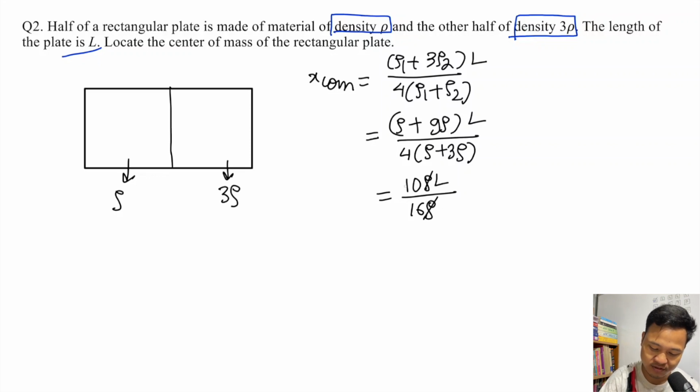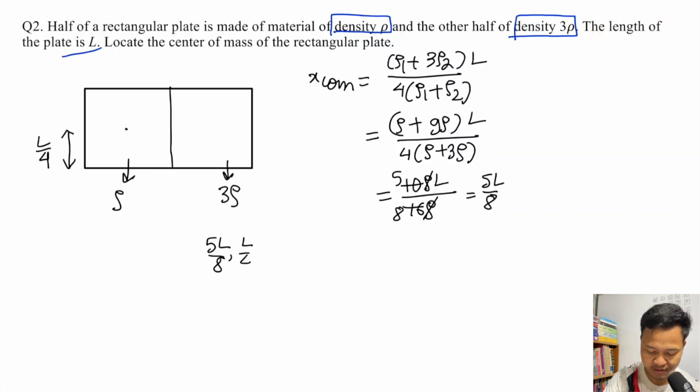Row cancels out, giving 5 into L divided by 8. For Y, it is L by 4. So your center of mass will be 5L by 8 comma L by 4.